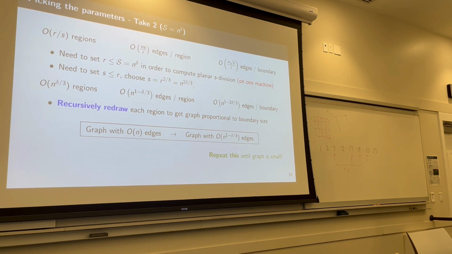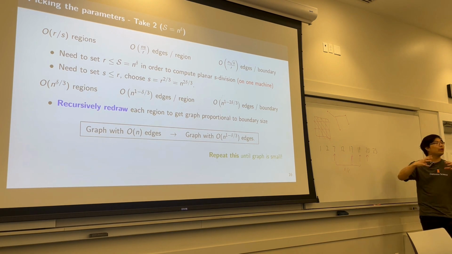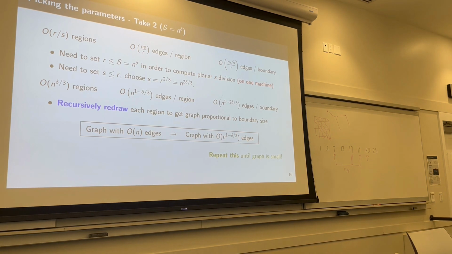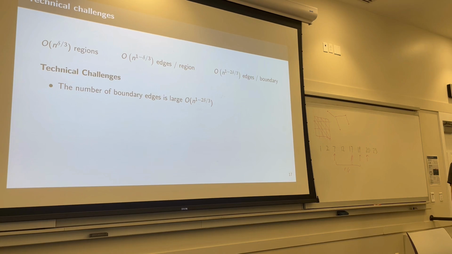Right. And so that's the entire algorithm. The only issue is that there are a lot of technical challenges with the gluing step and with the drawing step, because we need these explicit representations of planar graphs. So the number of boundary edges is large, so we're actually going to need to return solutions on multiple machines.